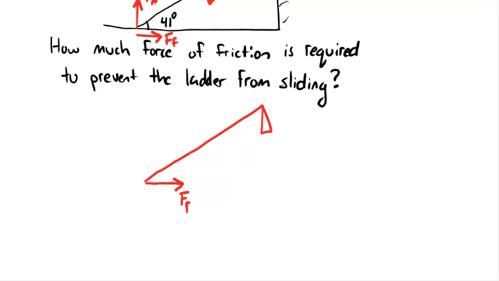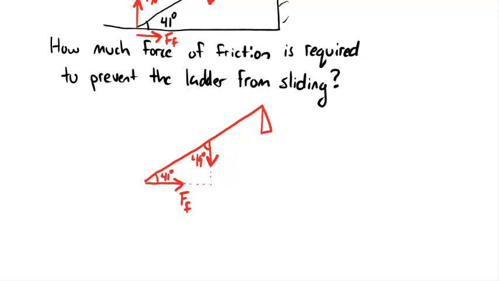So if I label some of my forces, I have force of friction here, and that's at 41 degrees. I have the force of gravity on the ladder. Now, if I imagine this as a right triangle here, if that's 41, that means this angle here must be 49 degrees.